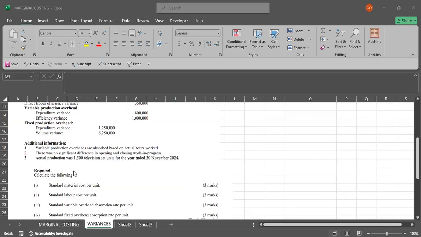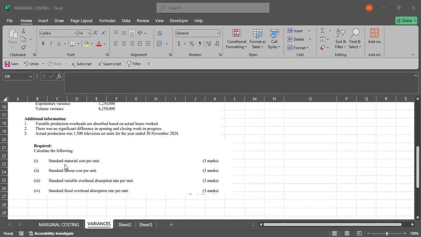So required, number one, calculate the following: standard material cost per unit. Number two, standard labor cost per unit. Number three, standard variable overhead absorption rate per unit. Number four, standard fixed overhead absorption rate per unit.